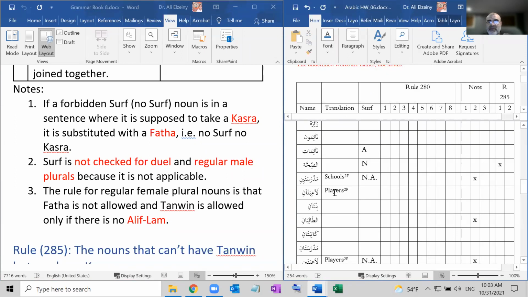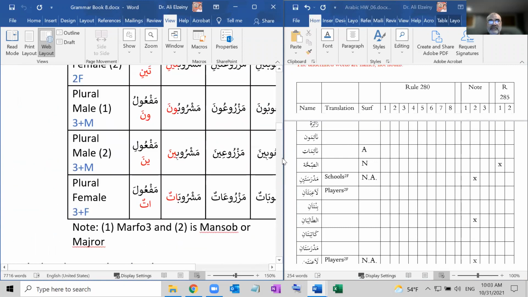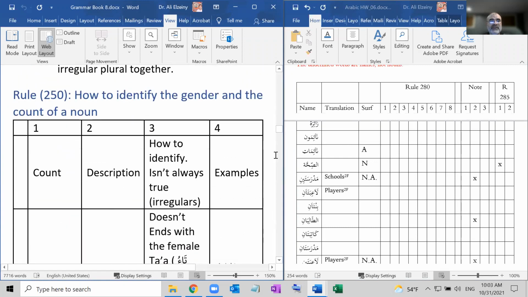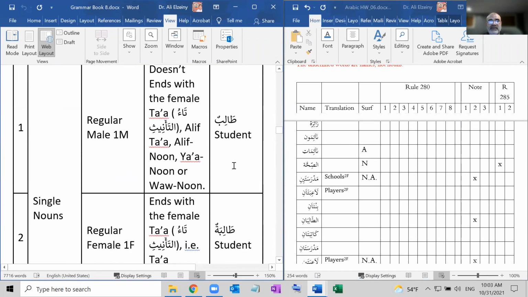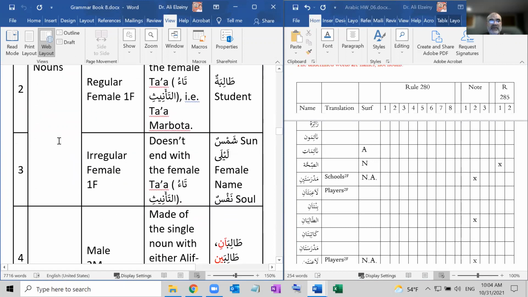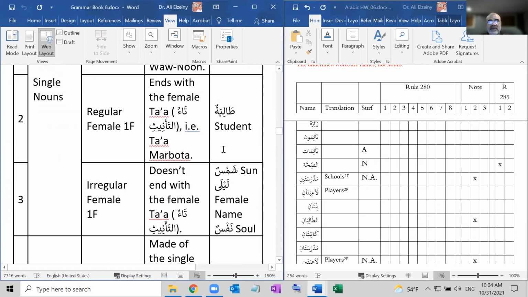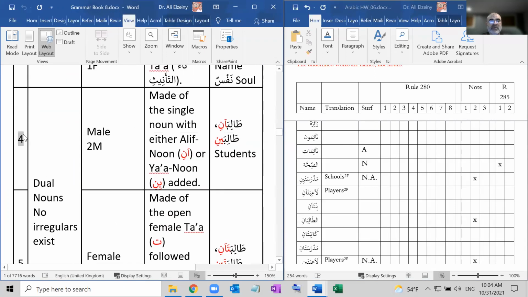Okay, if I go to rule 250, it's row number 4.